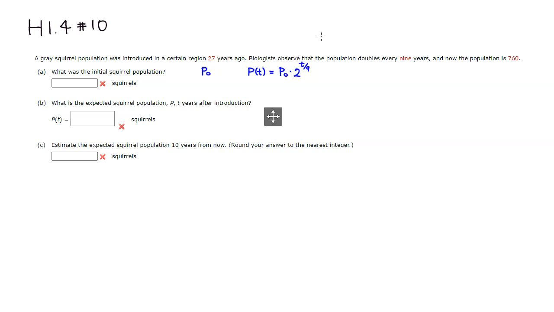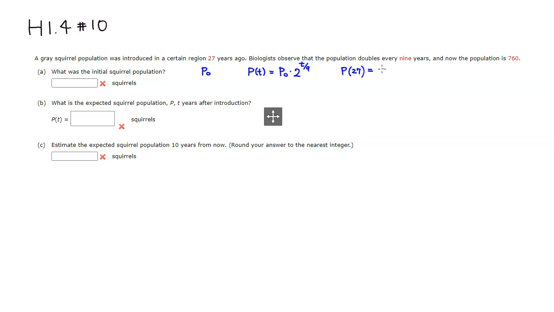Then we know that 27 years later, which is now, the population is 760. So P of 27 is equal to 760.